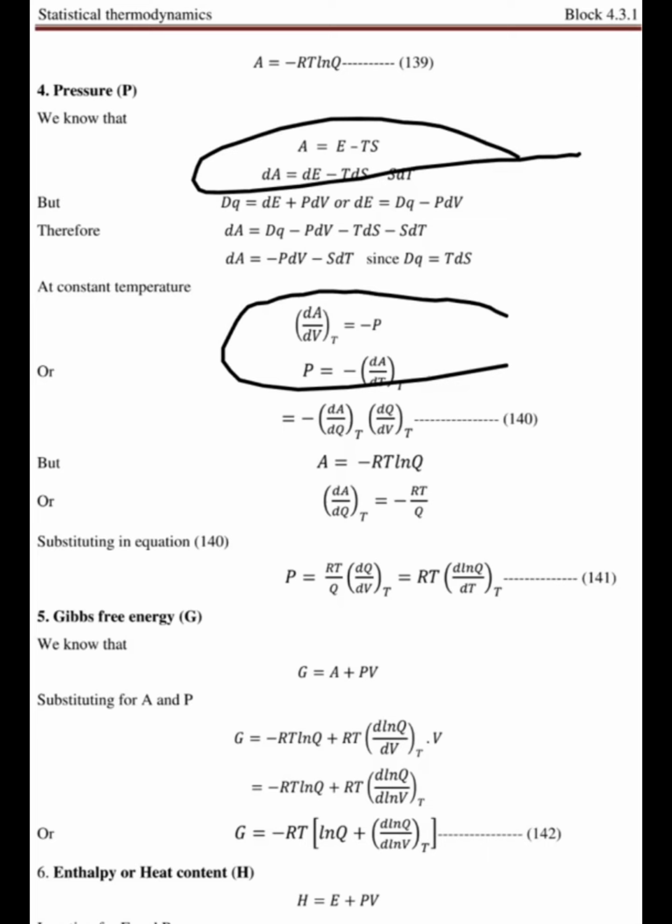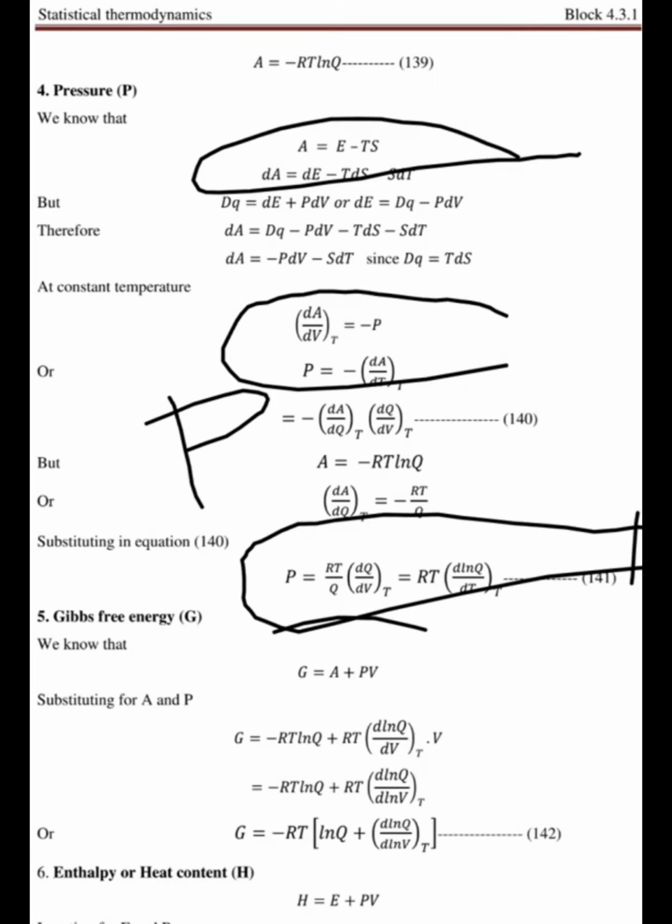Taking the negative on the right hand side to the left hand side, equation 140 can be written as P equal to RT divided by Q into dQ by dV at constant temperature, where E is equal to RT square d ln of Q divided by dT.